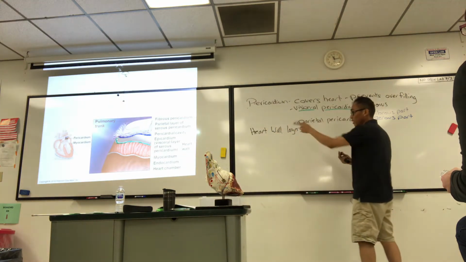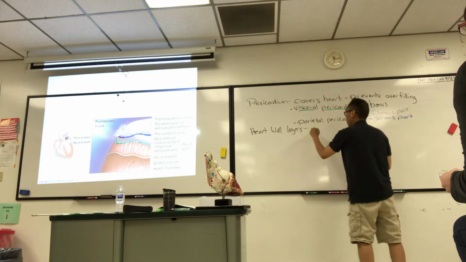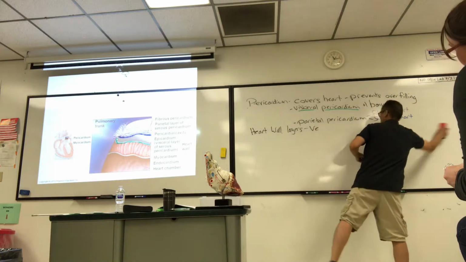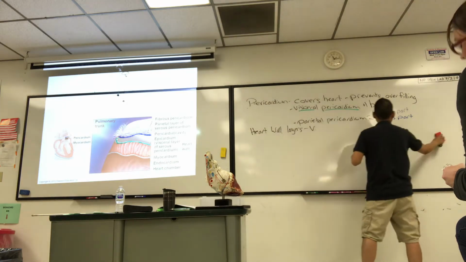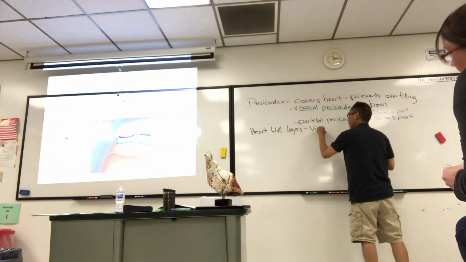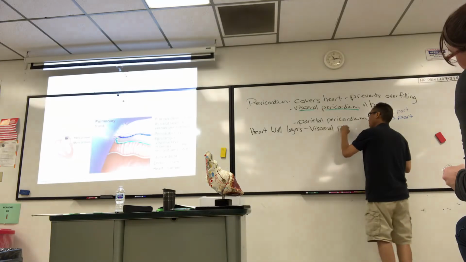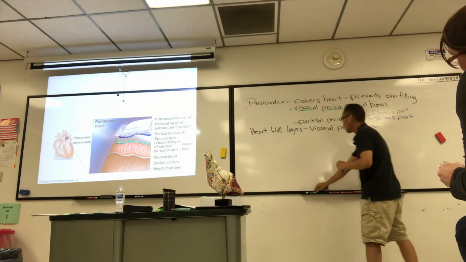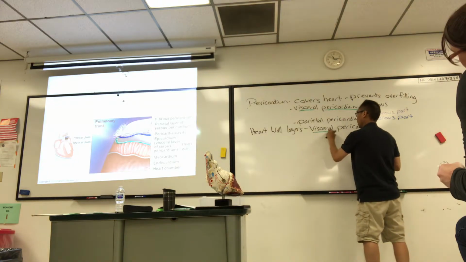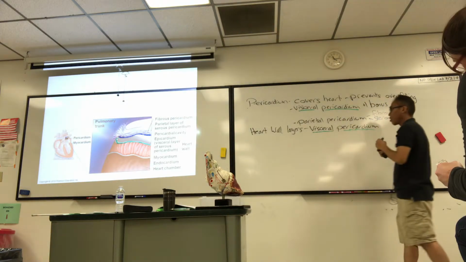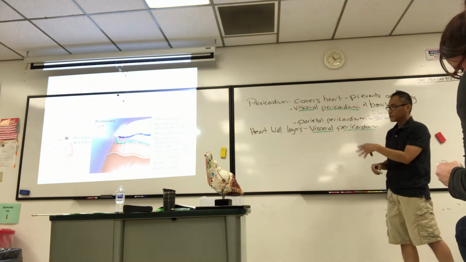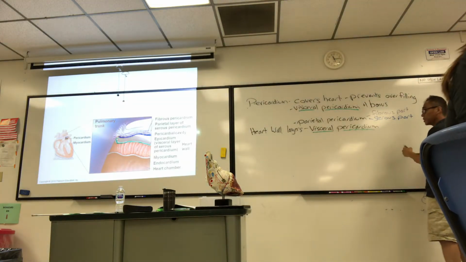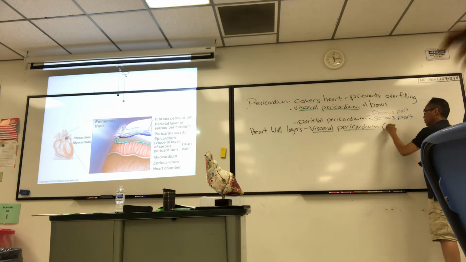That's the outermost layer, what I drew in green. Visceral pericardium. Again, I colored it in green. It's also known as the epicardium because it's one and the same. It's also the outermost layer of the heart wall. You'll see it on your sheep heart, also called epicardium.